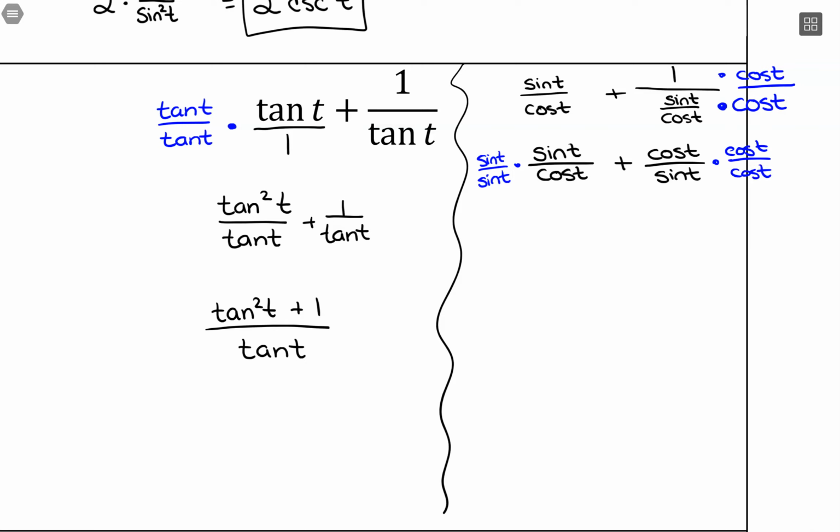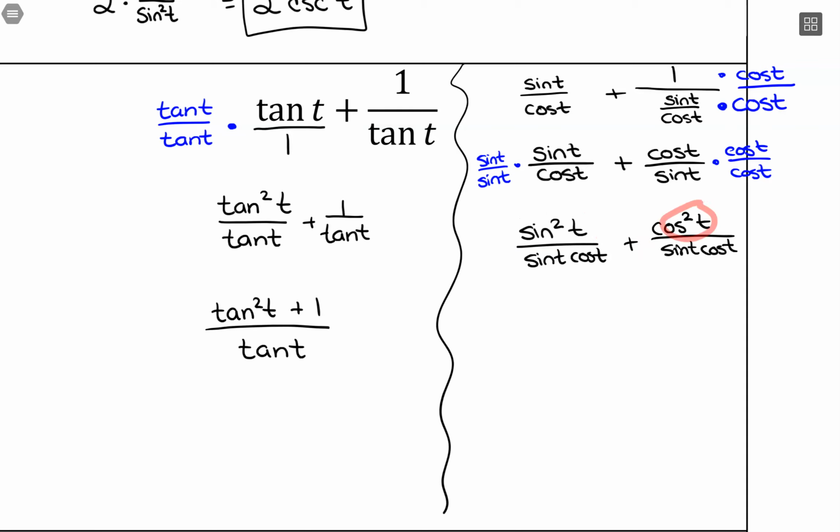So I need to multiply on a version of 1 with cosine. So the numerator of this first term, sine times sine, sine squared over sine times cosine, plus cosine times cosine, so cosine squared of t over sine t times cosine of t.